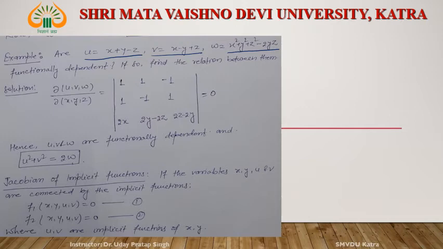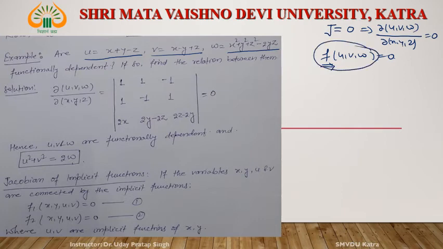If there is any functional dependency, then they are related with each other if we find their Jacobian ∂(u,v,w)/∂(x,y,z) is 0. If this is 0, then f(u,v,w) is equal to 0. There is some function which relates u, v, w. What is that function? We have to check it. But before that, you have to find out whether this Jacobian is 0 or not. Let us see.